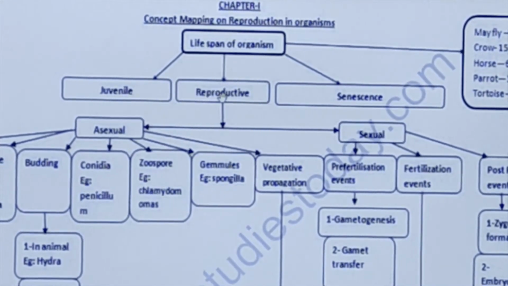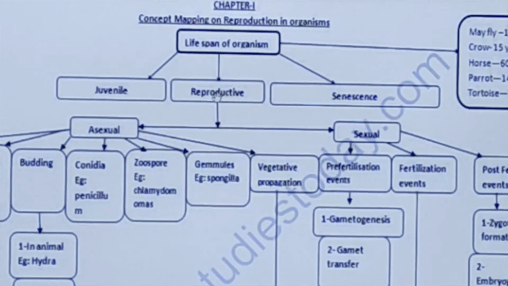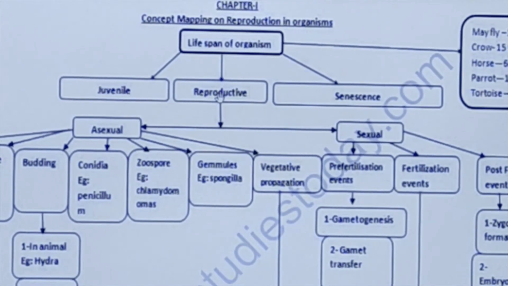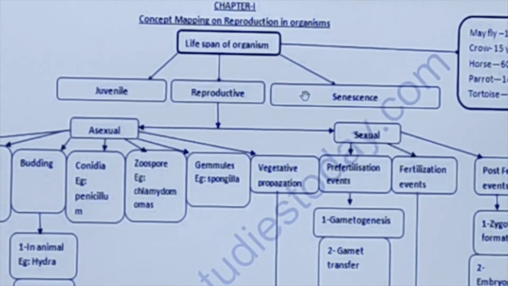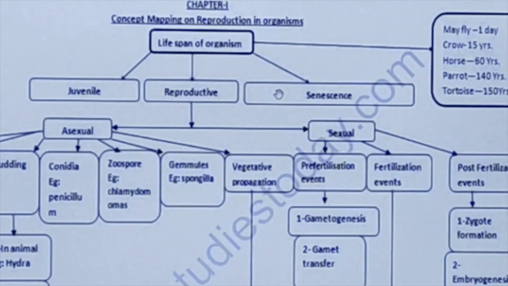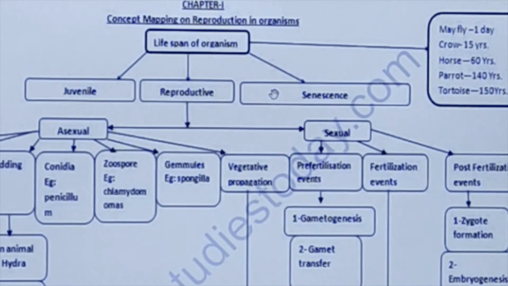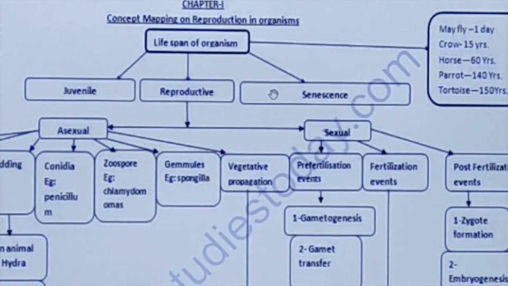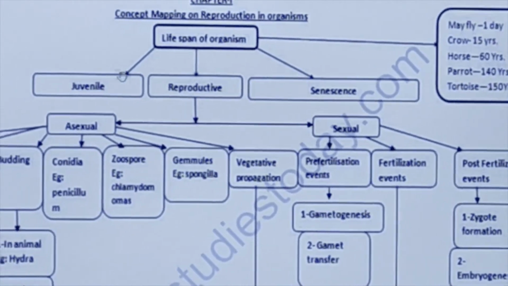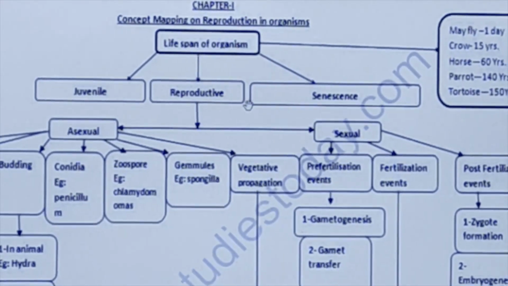It is the phase at which it becomes capable of reproduction, that is at the puberty age, because of the activation of the reproductive hormones. Next is the senescence phase, when the reproductive capacity is lost by the living organism and the metabolism slows down. In plants we call it the senescent phase, or aging in animals. Here in plants it is called the vegetative phase. So here the definitions and the differences can be asked.